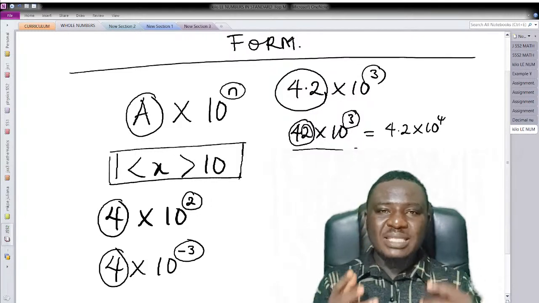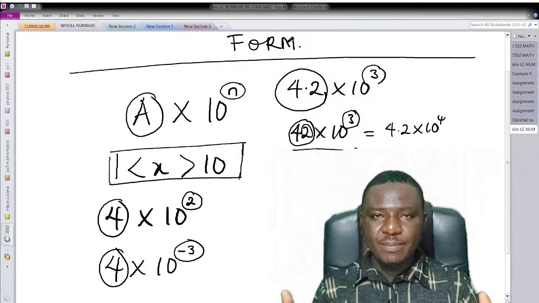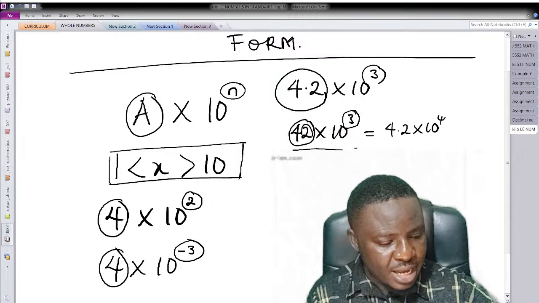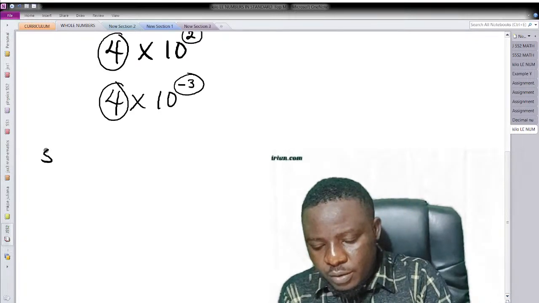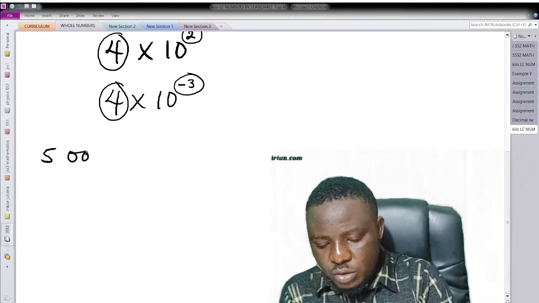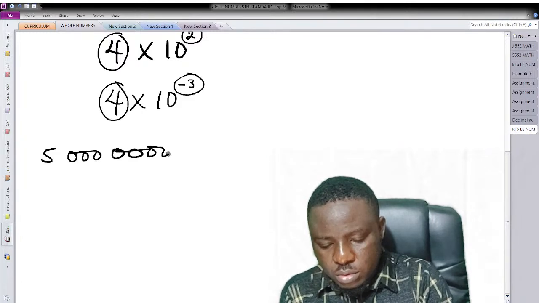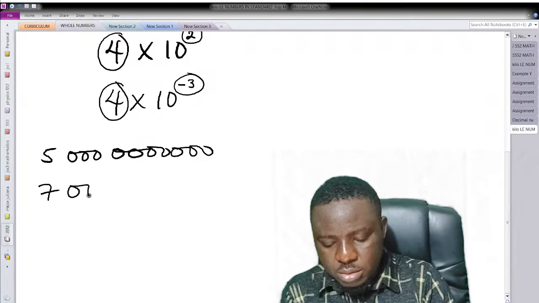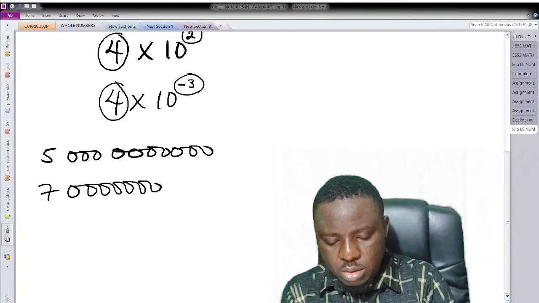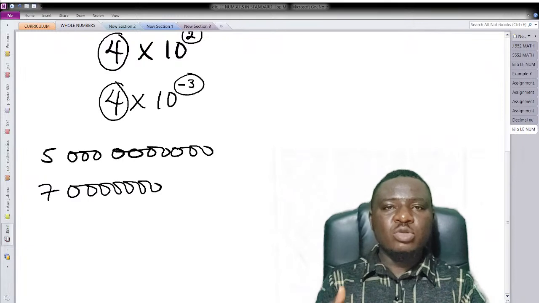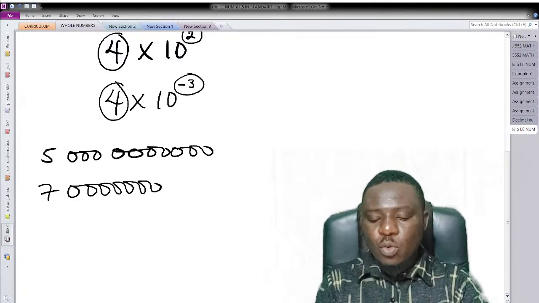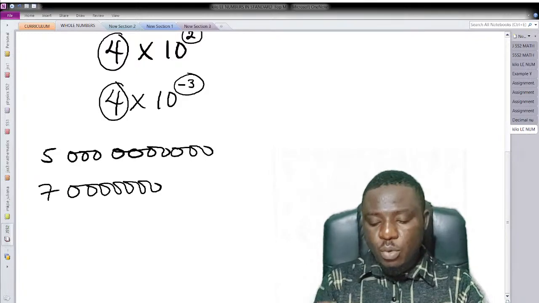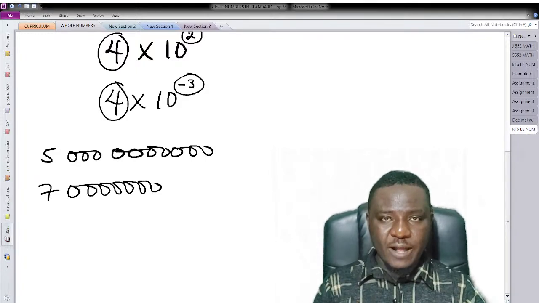If 2 numbers are given and you're asked to compare them, for example, if you have numbers like 70 million and 50 billion, it's going to take you a longer time to differentiate which is greater than the other.